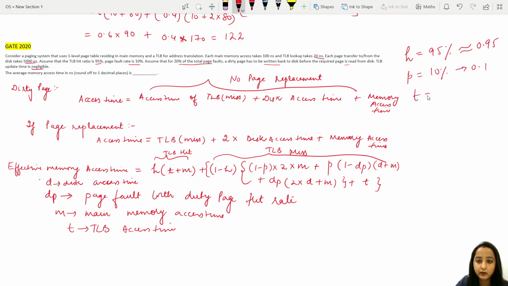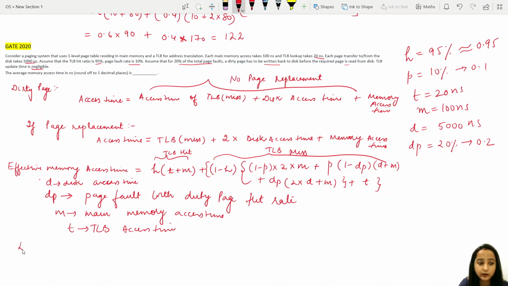Then t is given as 20 nanoseconds, and the main memory access time is 100 nanoseconds. Everything is given in nanoseconds only. 5000 nanoseconds is the disk access time, and dp is given as 20%, so I can write it as 0.2. So all the values are given. Let me put them here.